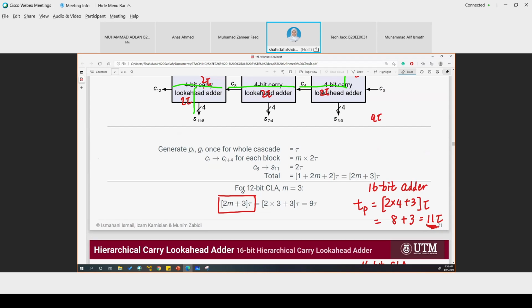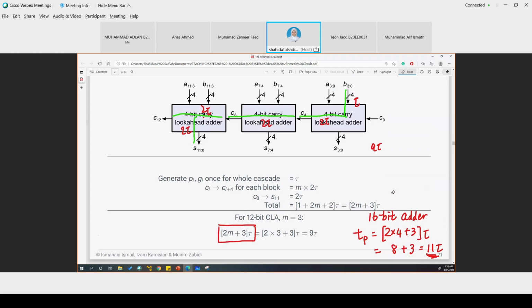Okay, so if we just cascade the block without doing any grouping, means we have to wait this block to generate C4 and then wait for this block to generate C8 and so on. Okay, the delay is 11 tau.